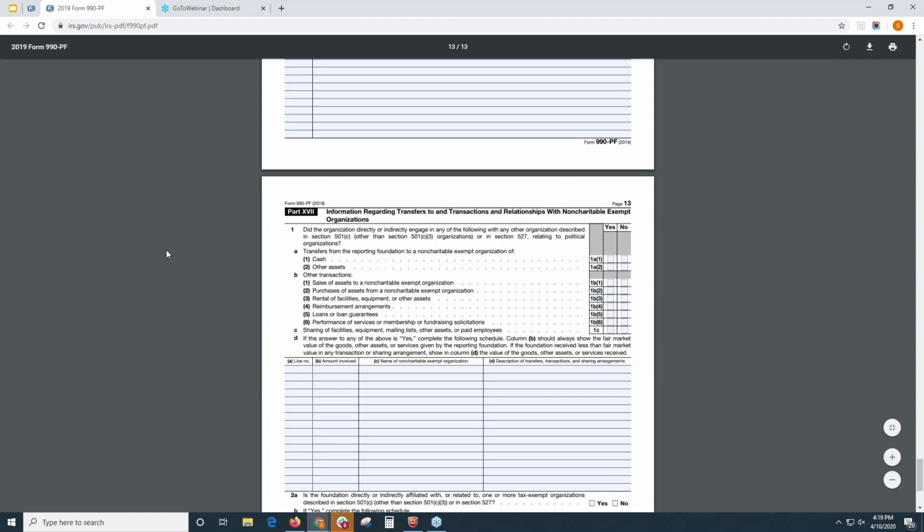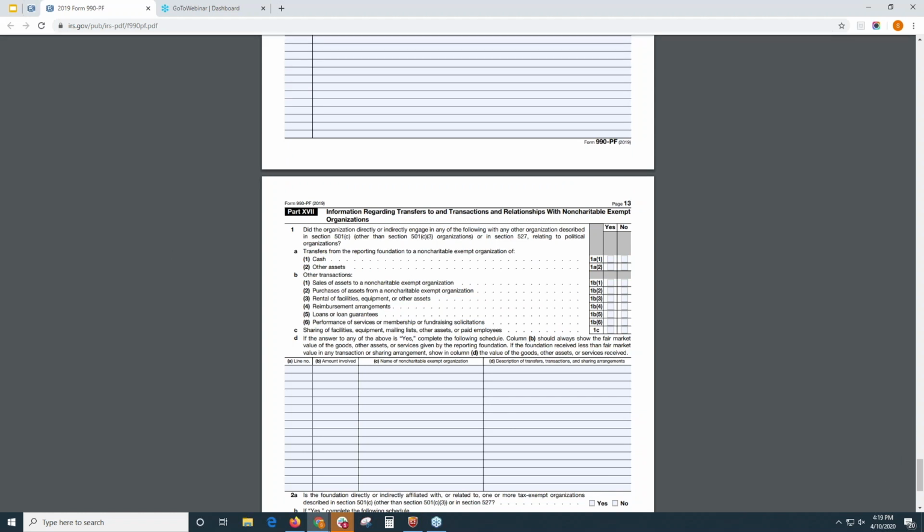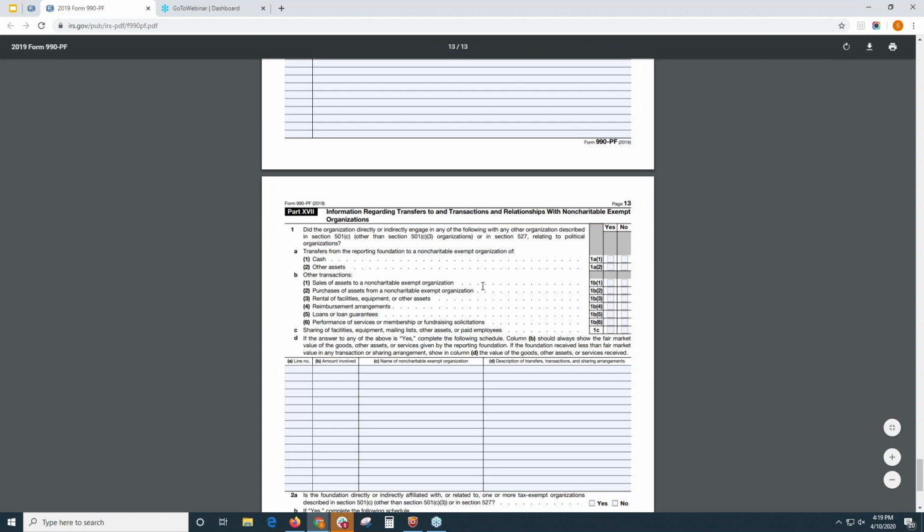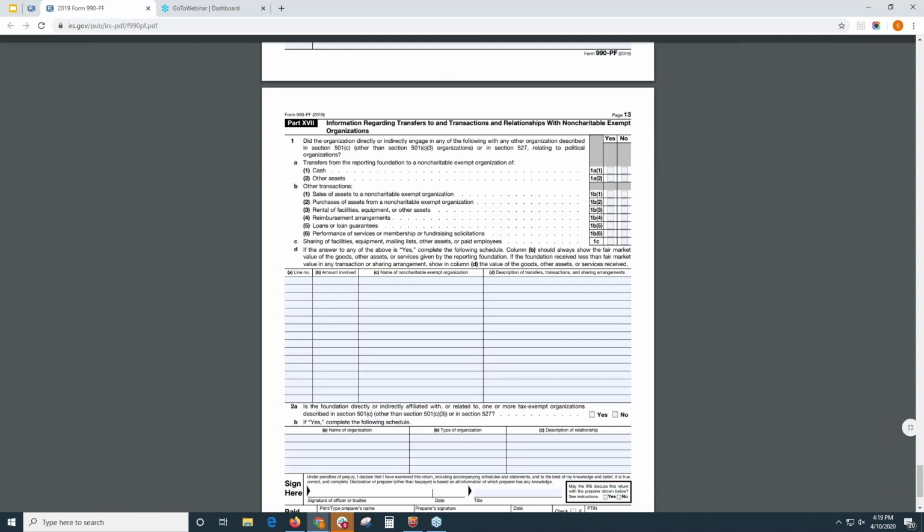And then we'll move down into Part 17. So in Part 17, this is the last part of the 990-PF, and it's where you report information regarding transfers to and transactions and relationships with non-charitable exempt organizations.